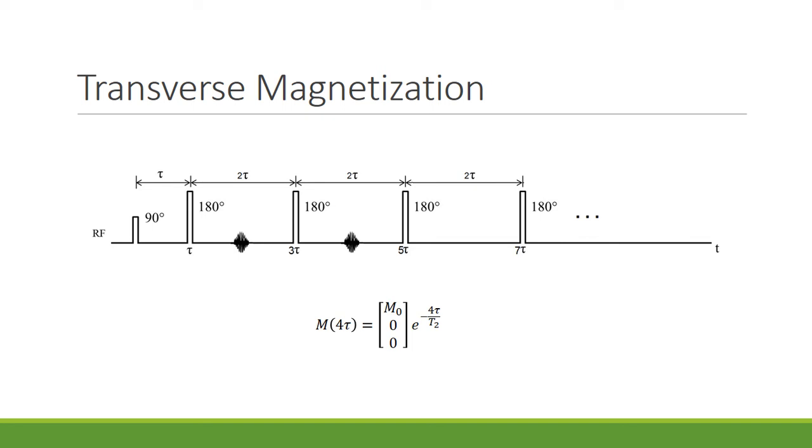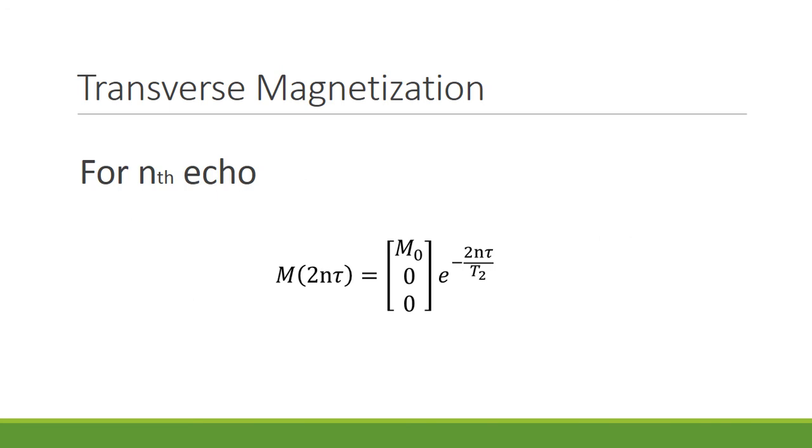We will get another echo at time equal to 4 tau and so on, at 6 tau, 8 tau, depending on our train length. So this formula is for the transverse magnetization in an echo.